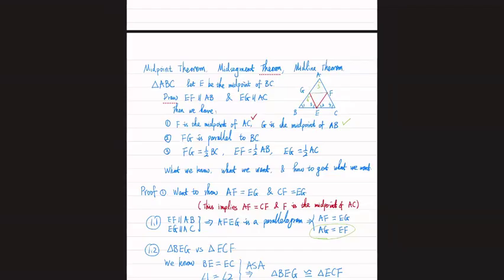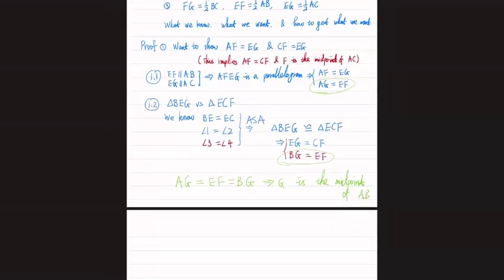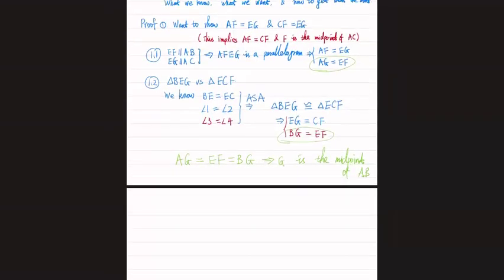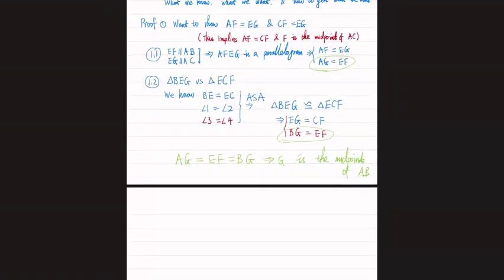These two angles must be the same as long as the two lines are parallel, because they are the corresponding angles. So because EG is parallel to AC, angle 5 equals angle 6.